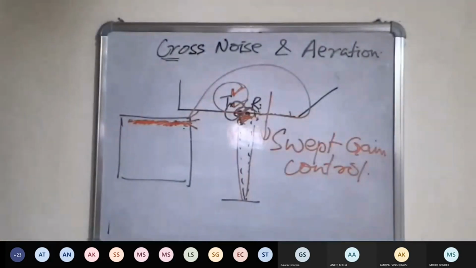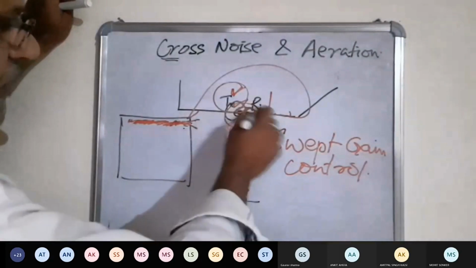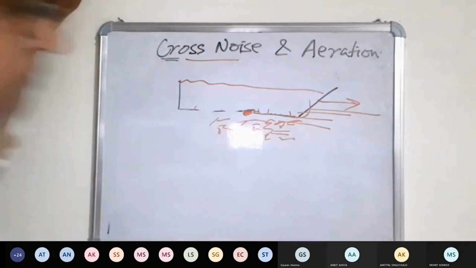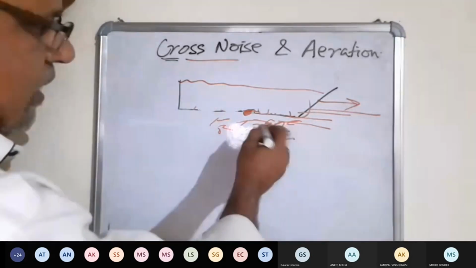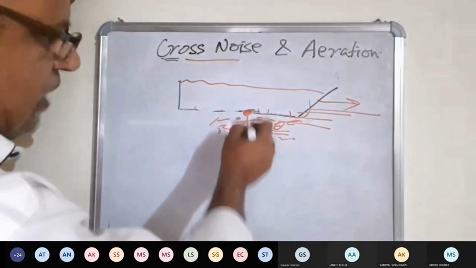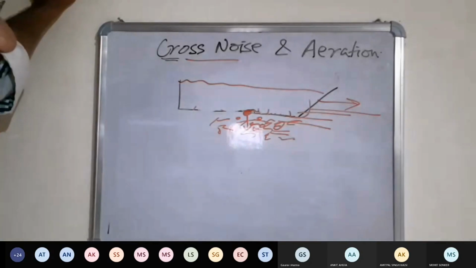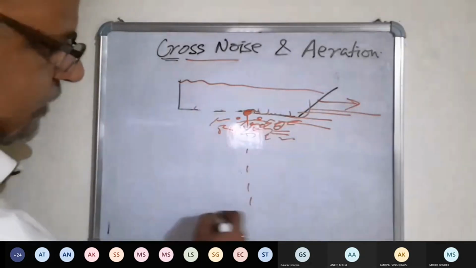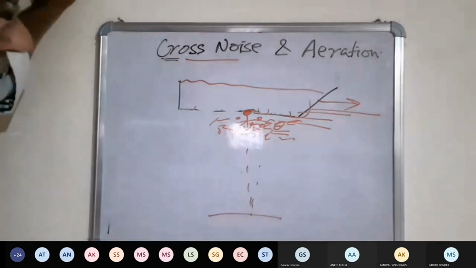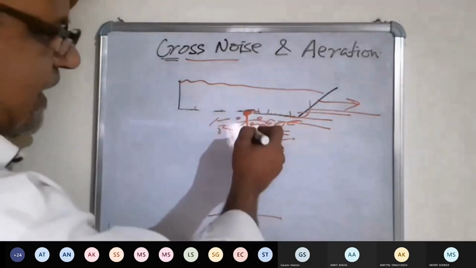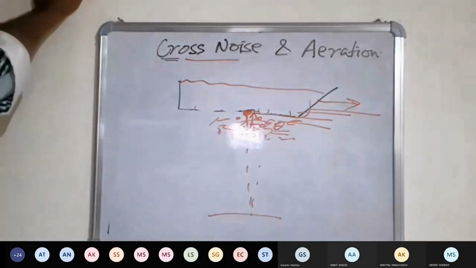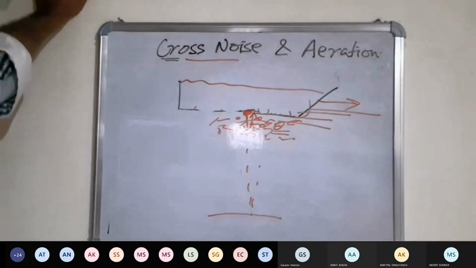So this is what is happening in case of the cross noise of the water. These bubbles will stop the transmission that is passing through. This becomes a reflecting layer और इसी में से यहाँ से भी कुछ सिग्नल वापस आएगा from the air bubbles.